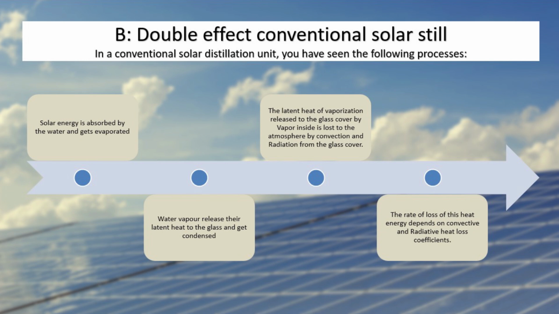The latent heat of vaporization released to the glass cover by the vapor inside is lost to the atmosphere by convection and radiation from the glass cover. The rate of loss of this heat energy depends on the convective and radiative heat loss coefficients.